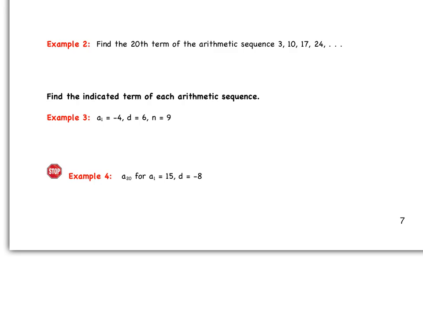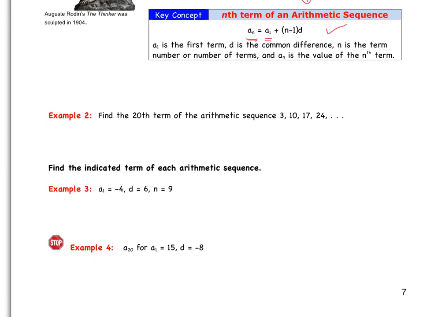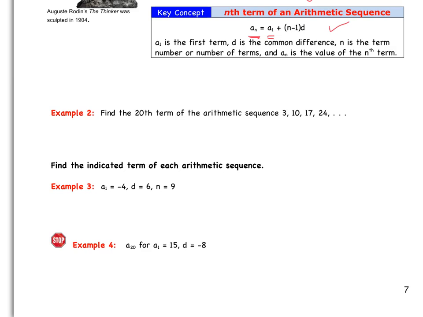In example 2, the goal is to find the value of the 20th term of the arithmetic sequence given 3, 10, 17, and 24. If we take a look at our formula up here, we're going to take the information that we are given and label. First, our first term is 3.